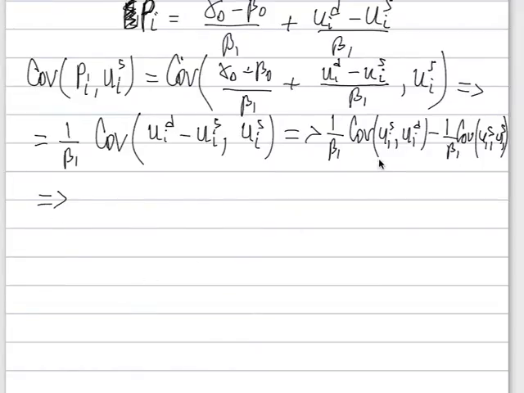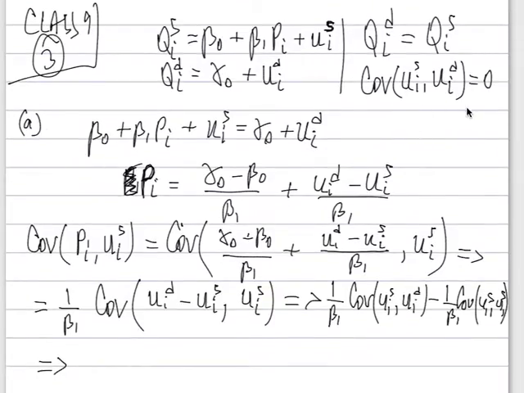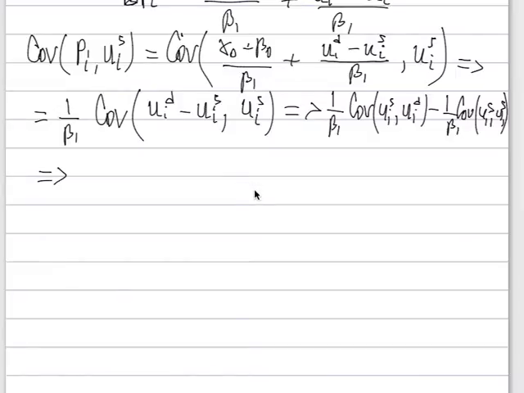Now the question, what is this equal to? 0? Why 0? Yeah, it's a condition, isn't it, that they are uncorrelated. So if you ignored it in the beginning, you wouldn't figure out what it is. So make sure you look at this carefully. So we'll have now 1 over beta 1, because this is variance of US, yeah?